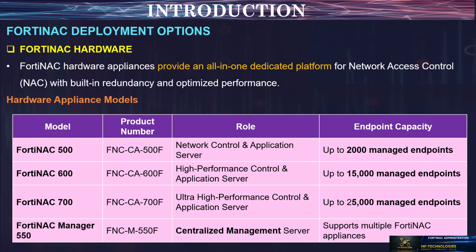Finally, the FortiNAC Manager 550 is used when centralized management is required across multiple FortiNAC servers. Note that endpoint capacity increases as the appliance model increases. Choosing the correct appliance is not simply about buying the largest model, it's about selecting the model that matches the organization's current requirements while allowing room for future growth.